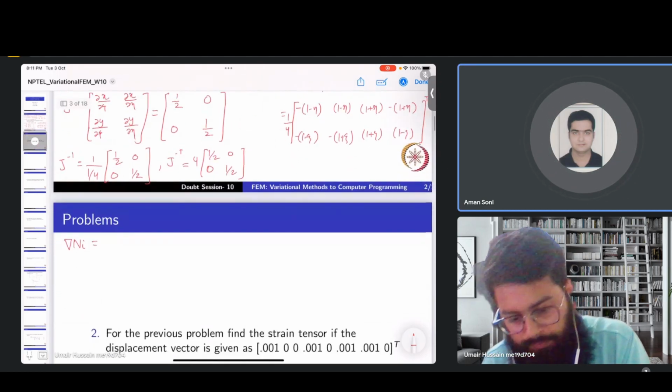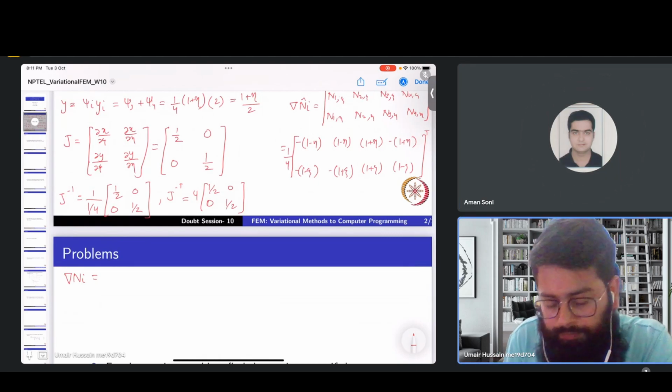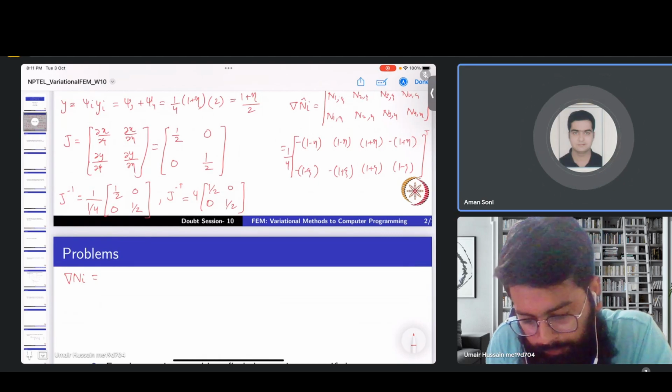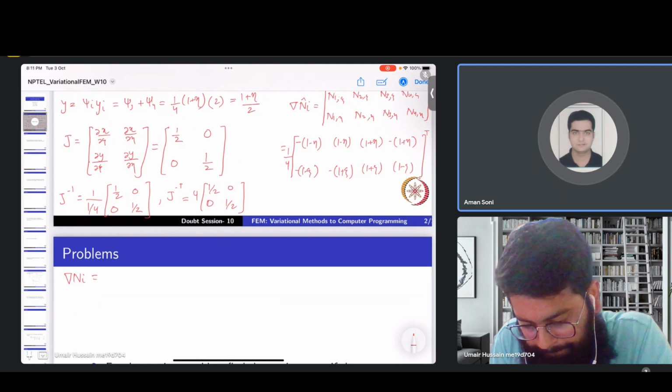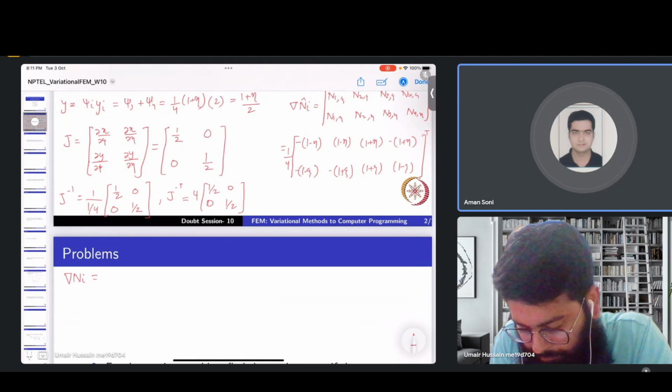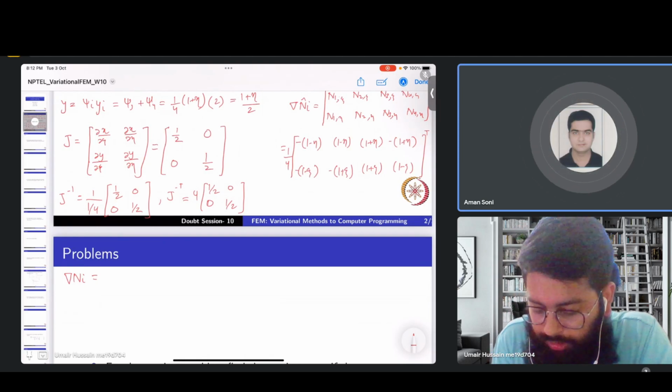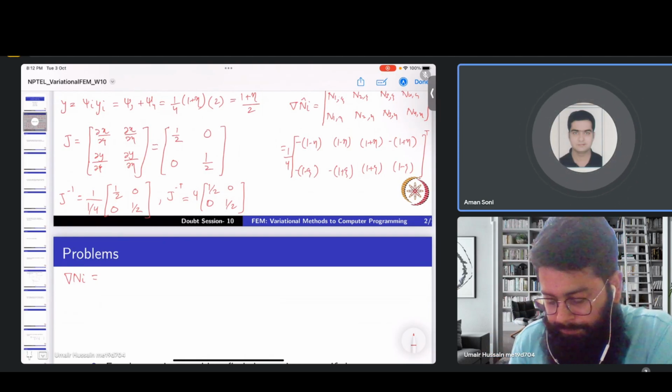No, this is a step I didn't understand. Which one? You wrote this J inverse equal to 1 upon 1 by 4. Okay, so you made the inverse of this J first, and then again the transpose. Okay.